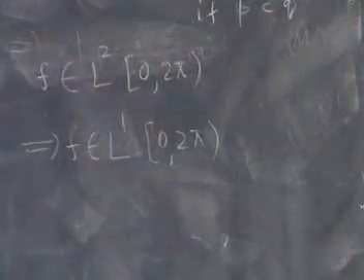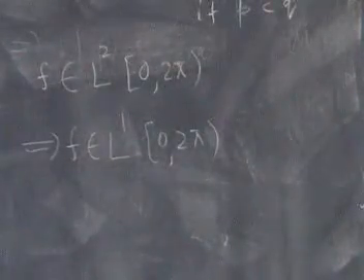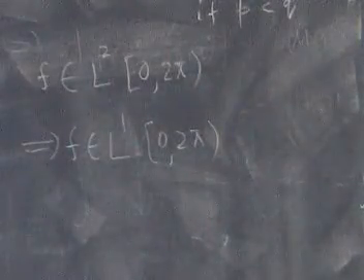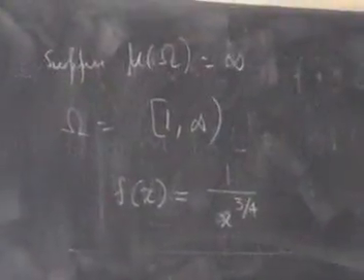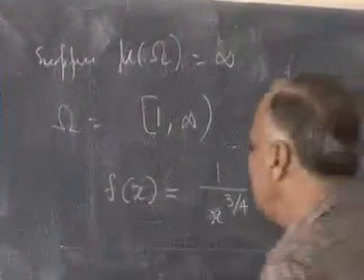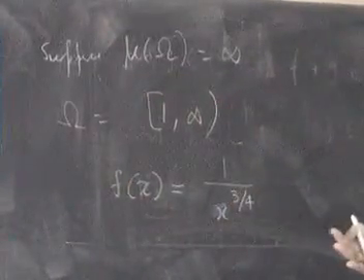Then look at this function f of x equals 1 by x to the power of 3 by 4. Well defined, because zero is nowhere in the picture. The denominator is also non-negative, so the modulus is not an issue.